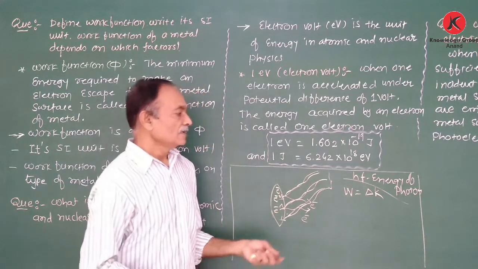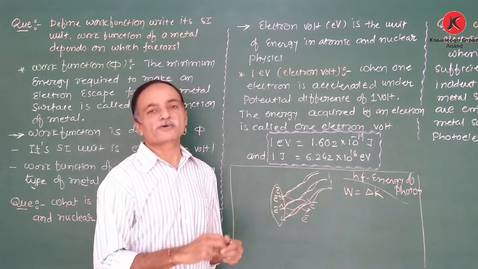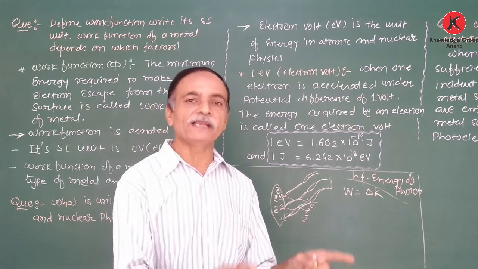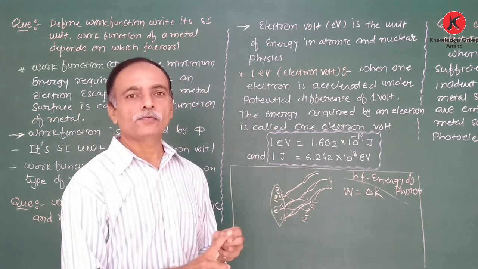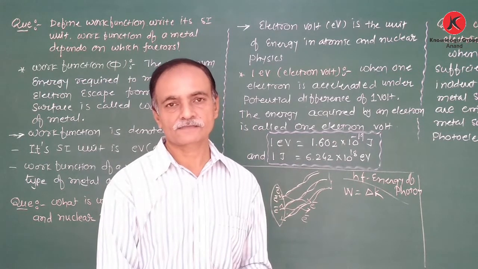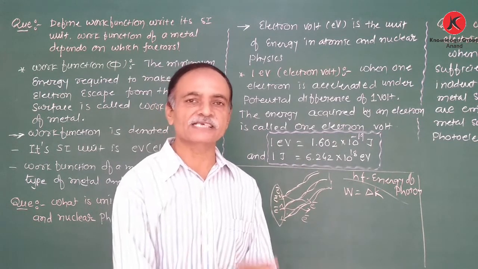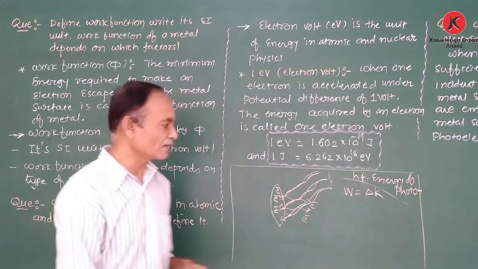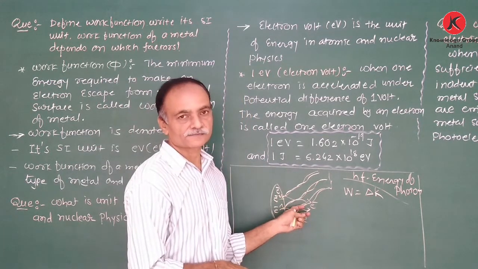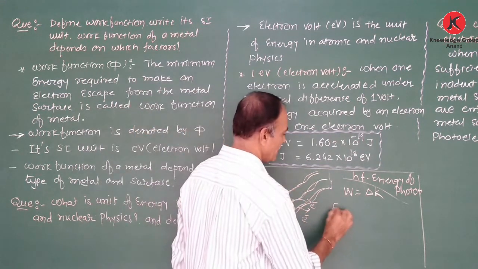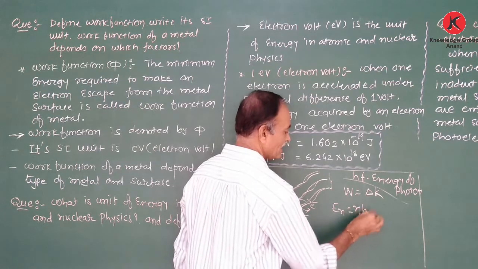Therefore, our aim is to understand what the work function is. Work function is the minimum energy required to make the electron free from the metallic surface. This minimum energy is known as the work function. Here the total energy incident on the metallic surface is E = nhf.